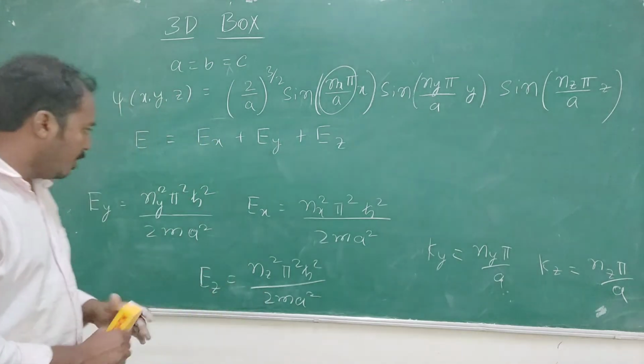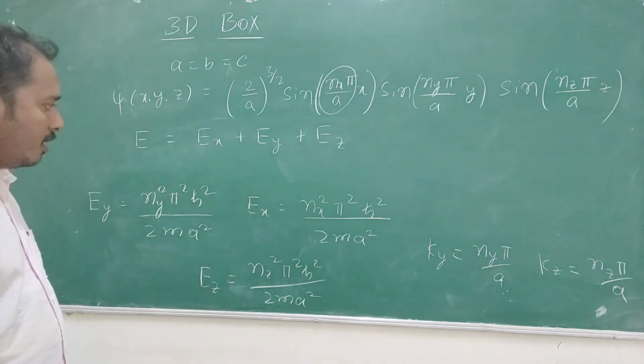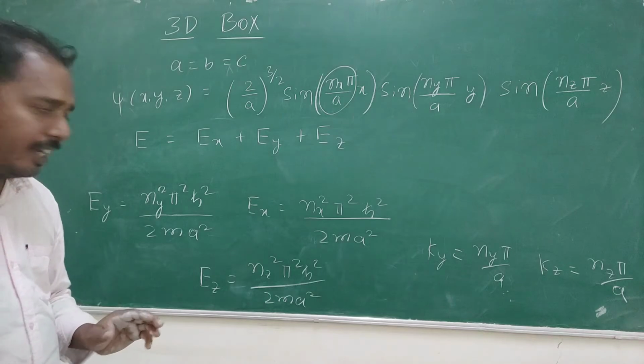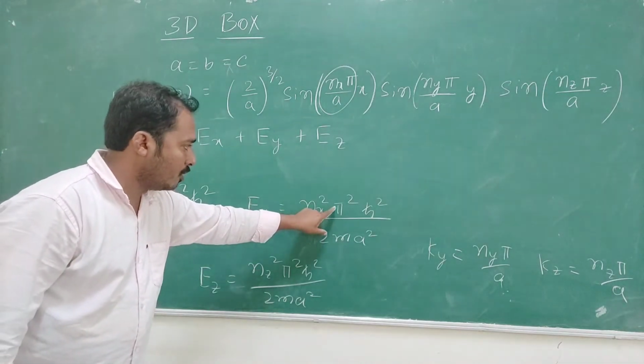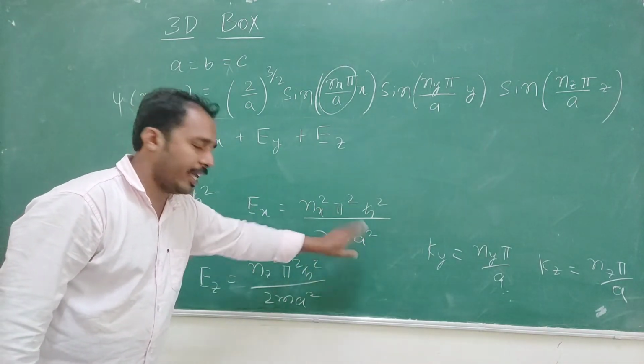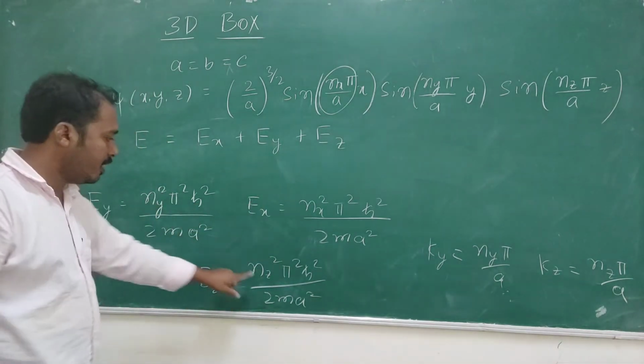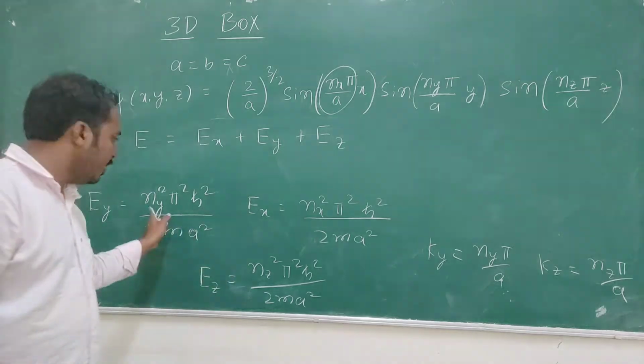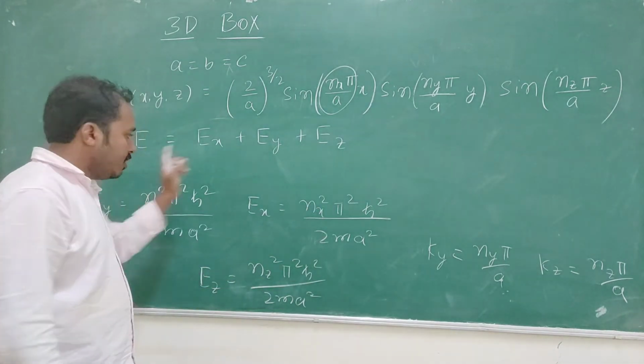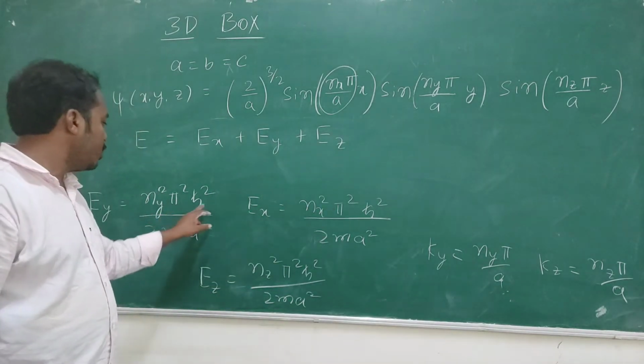You can see these equations contain the same values, pi square, h cross square, 2m a square, but differ in nx square, ny square, and nz square.